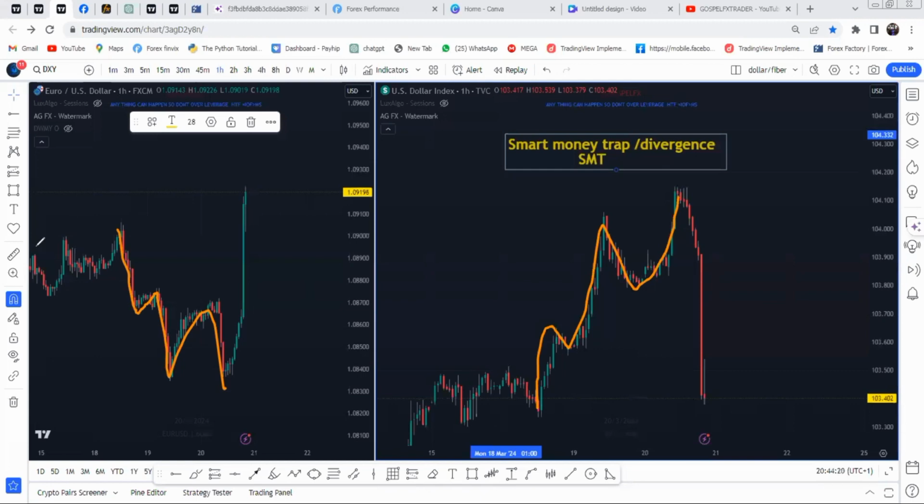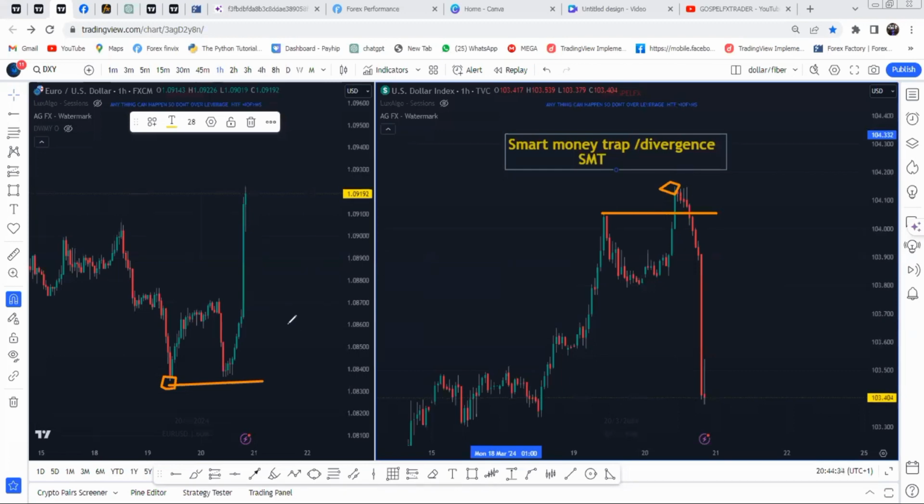At some point, Euro USD failed to take this lower low, but the dollar continued making a higher high. At this point, this is where the secret lies. This is where you get to understand that it is a smart money trap.